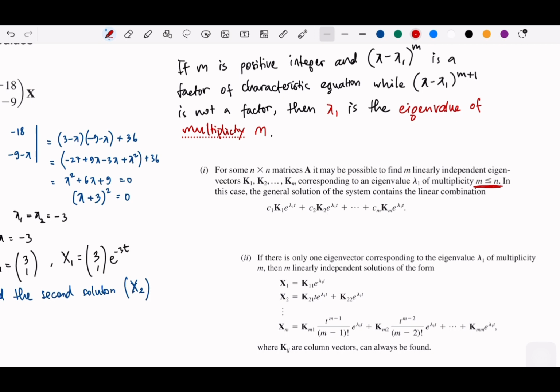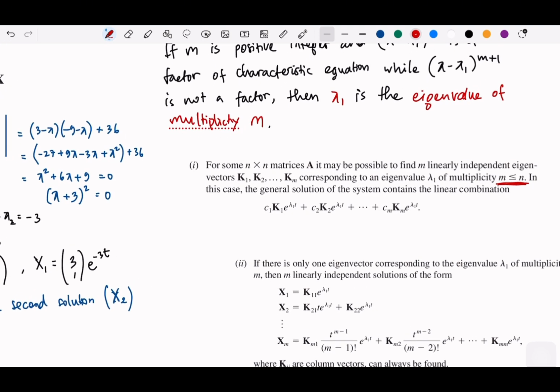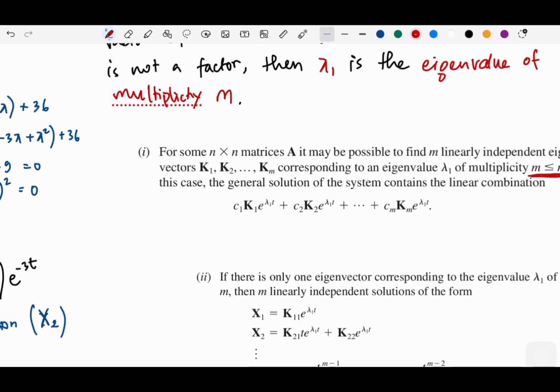So in this case, if there are m linearly independent eigenvectors corresponding to lambda 1, then the general solution will be C1 K1 e^(lambda 1 t), and so on. You will see that it is the same lambda but different eigenvectors.